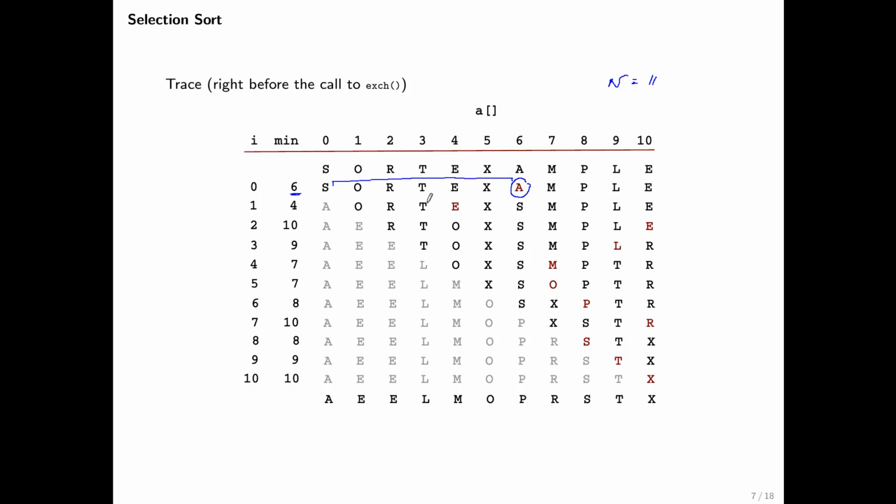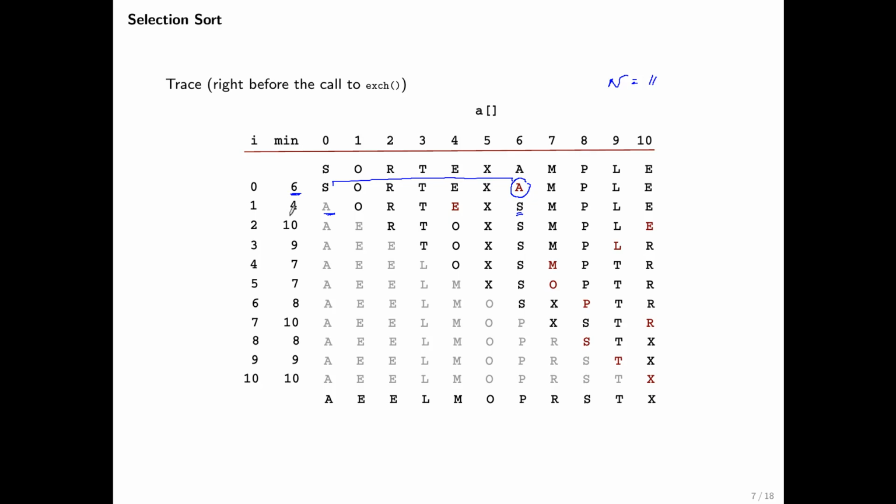That's how this I comes here and this S goes here. And once that is done, we have the smallest element in the array at index I. And then I is incremented to 1, and j starts at I plus 1, which is 2, and it goes about finding the smallest element, which is E now, because if you start here and scan the array, what is the smallest element? It is E, whose index is 4.